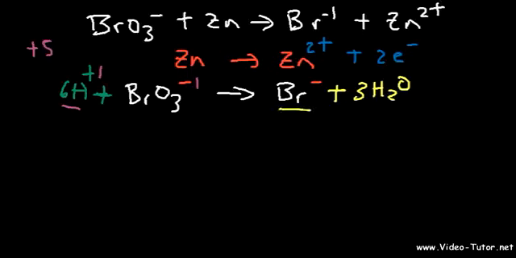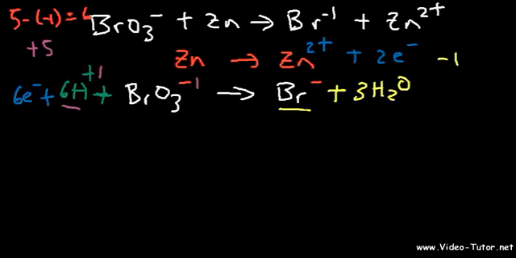On the right side, we only have a charge of -1. If you take the larger number minus the smaller number, 5 minus negative 1 is equal to 6. So you need to add 6 electrons to the side with the higher charge, which is the left side. And now that half reaction is balanced.